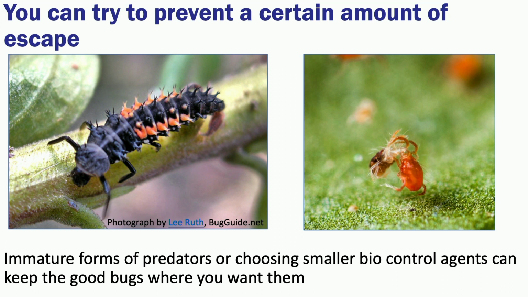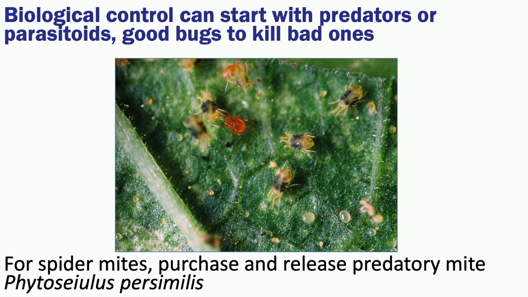We can also go with smaller biocontrol agents, using predatory mites to control lots of the younger stages of things like aphids and thrips. The mites, once you put them on a plant, that becomes their whole universe, basically. They're not going to be as easily spread off of those plants. So think about getting them younger if you're going to be doing this.